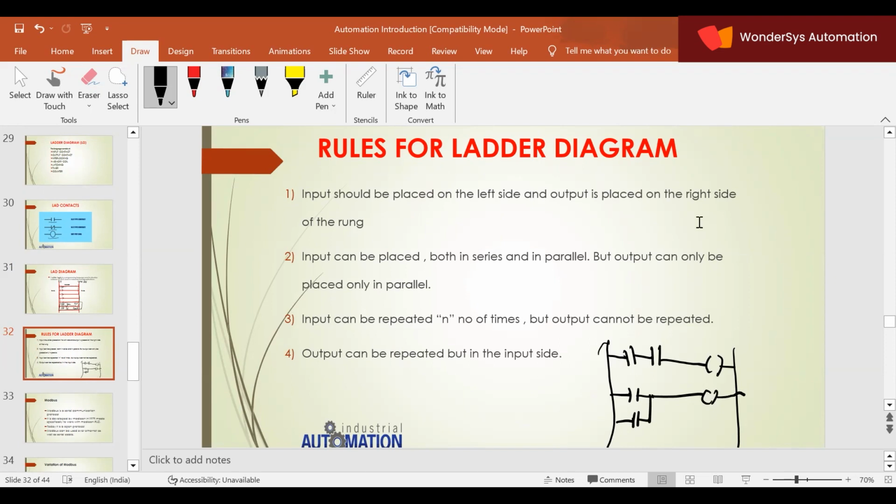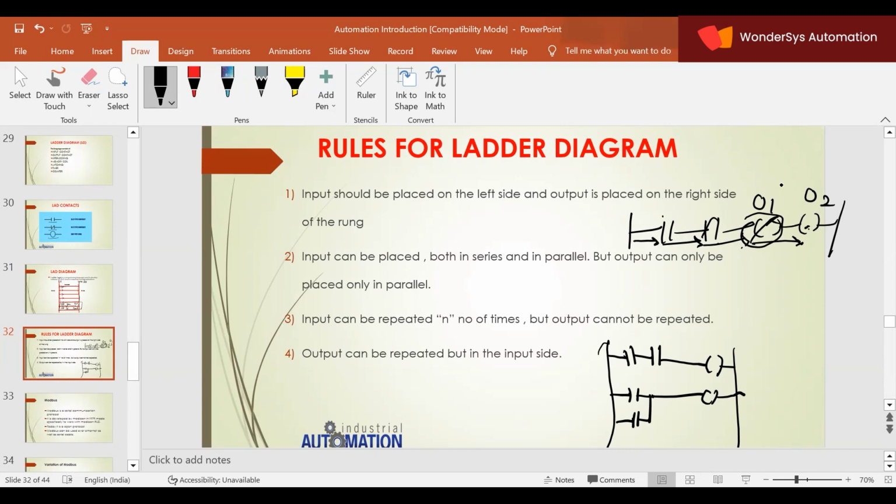But I cannot connect outputs like this, because I have mentioned one condition to this output and another condition to this output. Now, when I connect like this, let's say the current flows from here to here, and from here to here. Until this condition goes true, this won't be on.